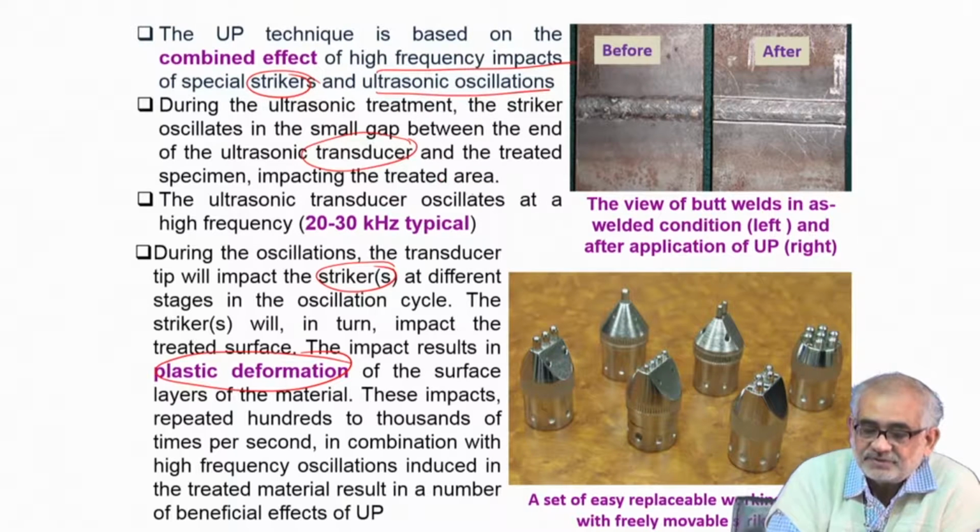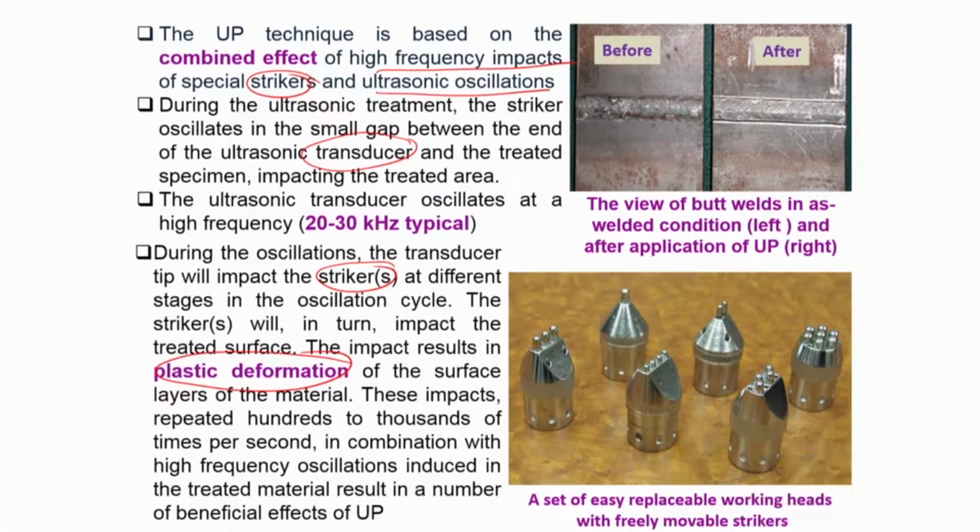This gap is partially filled by these strikers, and because of the very high frequency ultrasonic wave created, the strikers have no other option than to go and hit the surface and create a certain level of impact energy onto the surface, and because of these successive impacts, we treat the surface and create a state of stress.